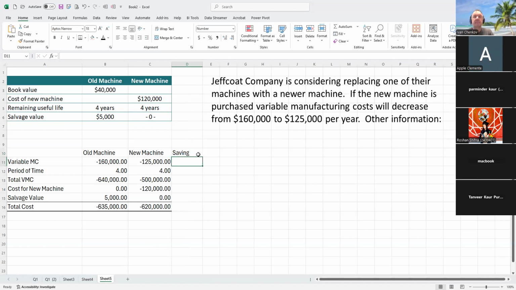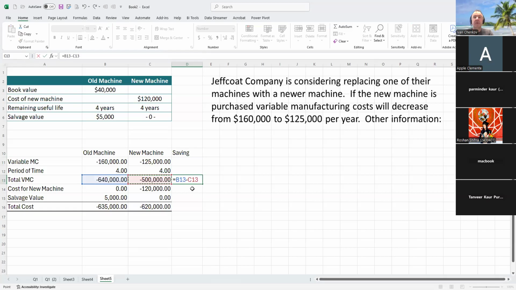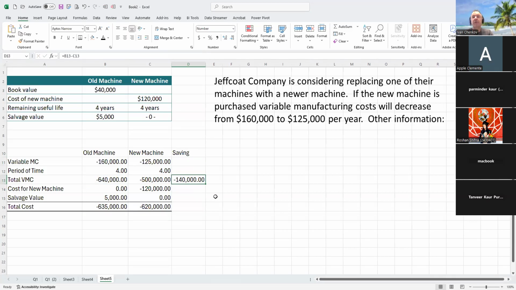So if I keep the old machine, where is my saving? I have to spend $140,000 more, correct? If I keep the old machine, I'm saving 120,000 because I'm not buying the new machine, correct?